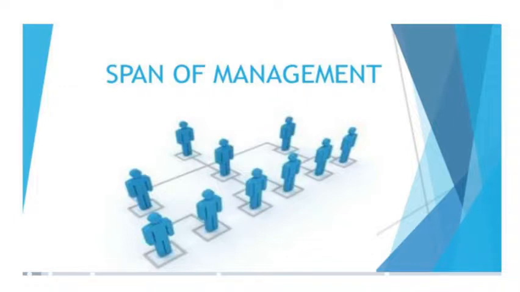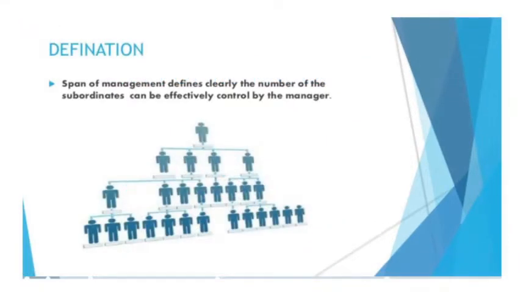The same thing we can see in the next slide, the definition of span of management: the number of subordinates that can be effectively controlled by a manager. Means the higher authority can identify how many subordinates a superior can control.